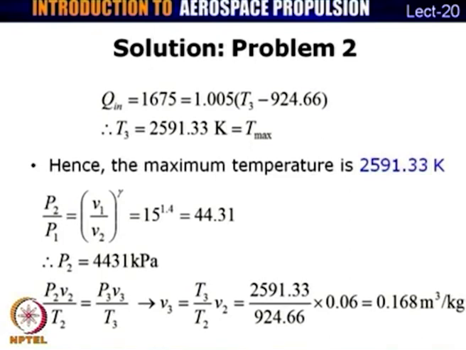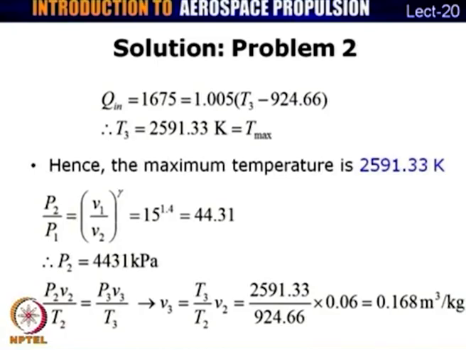Now, let us calculate the pressure at state 2. We have already calculated temperature at state 2. We can also calculate pressure at state 2, because we need to calculate pressures and temperatures at all the points to be able to solve this problem in terms of net work output and so on.